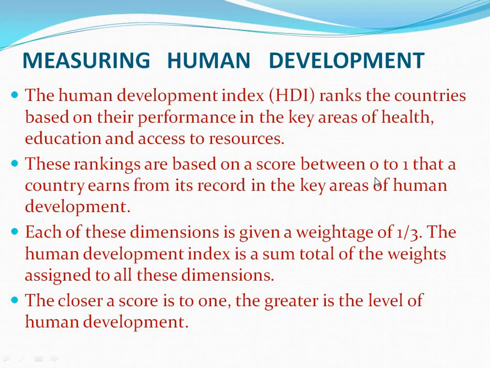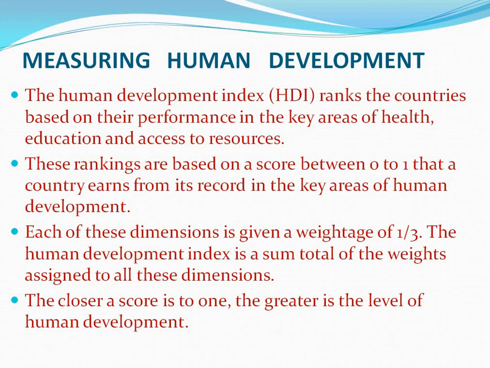Remember it, 0 to 1, that a country earns from its record in the key areas of human development. Each of these dimensions is given a weightage of 1/3. Remember, it is 1/3. The Human Development Index is a sum total of the weight assigned to all these dimensions. The closer a score is to 1, the greater the level of human development. Clear?